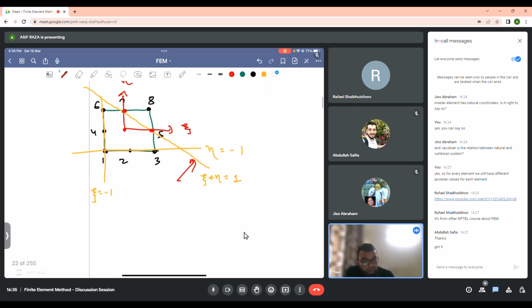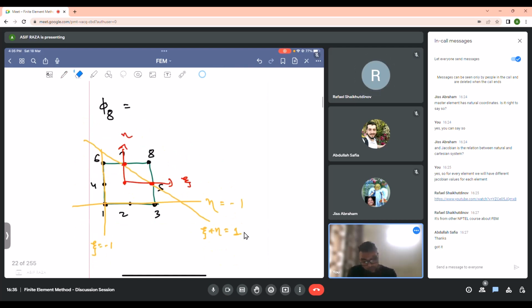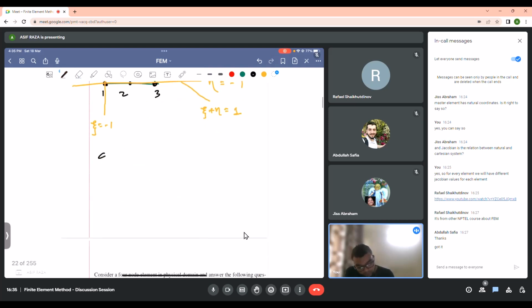We have an equation of a line with x-intercept and y-intercept: x by a plus y by b equal to 1. In this case, a is 1, b is also 1, right? So conclusively we are getting this. I hope this makes sense. Okay, so now phi 8 will be equal to what?